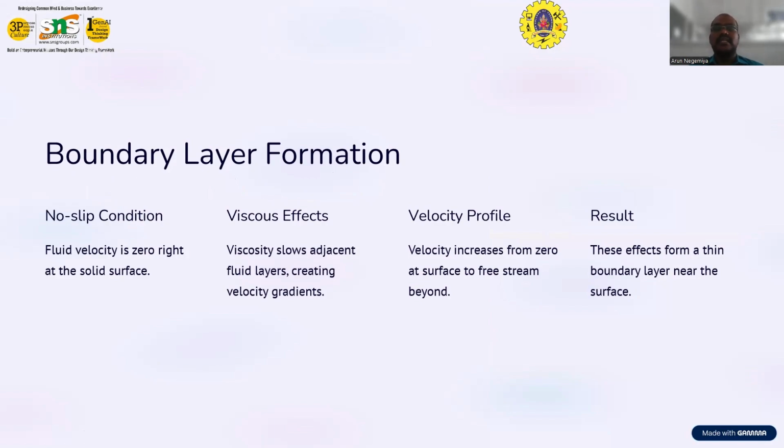Next one is the viscous effect, where the boundary layer adjusts the viscosity during the flow of the fluid. Next one is the velocity profile. So the velocity increases from 0 at the surface to the free stream beyond.